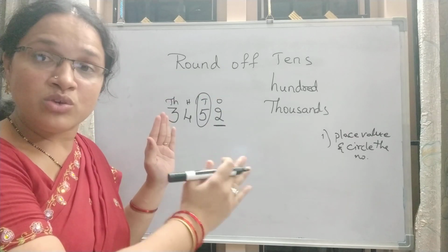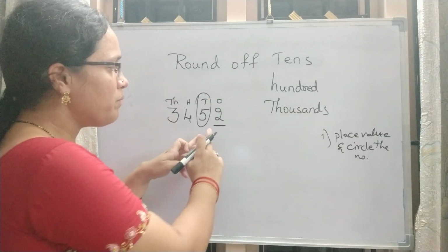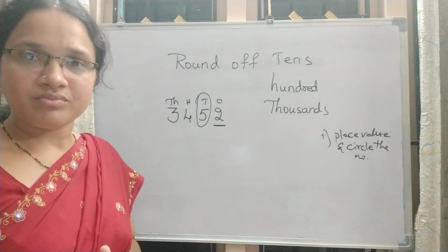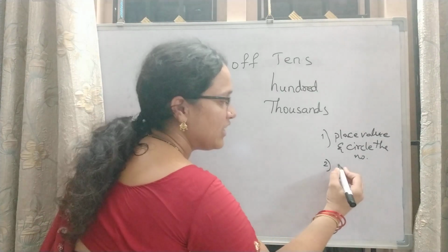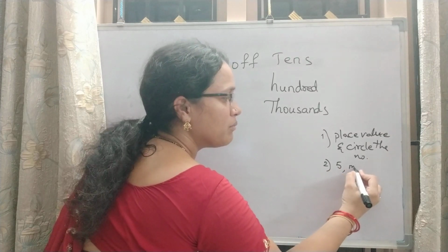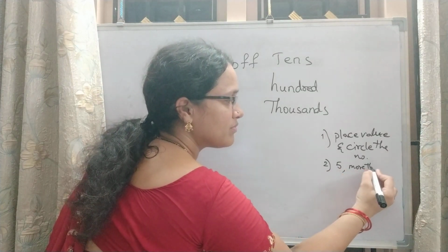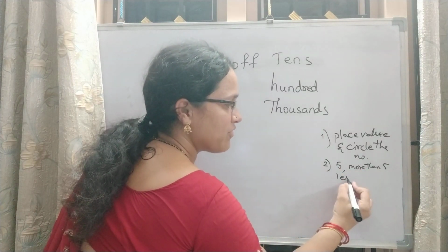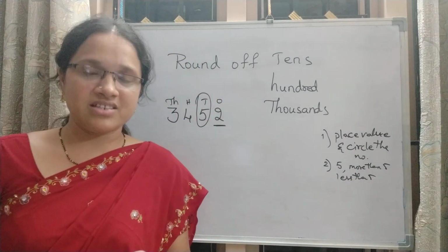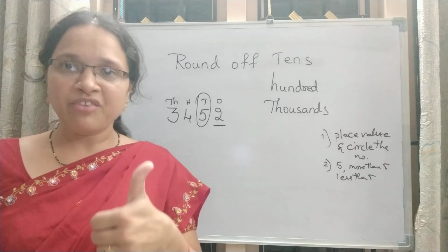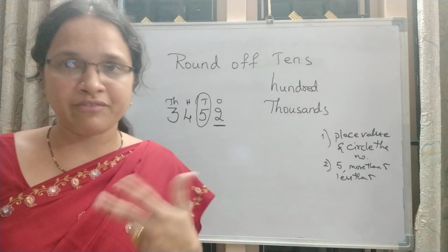The right place values are all in decreasing order. So you should check the next value, and when you are checking, you should see whether it is 5, more than 5 or less than 5. So there are 3 categories to distinguish: either 5, less than 5 or greater than 5.